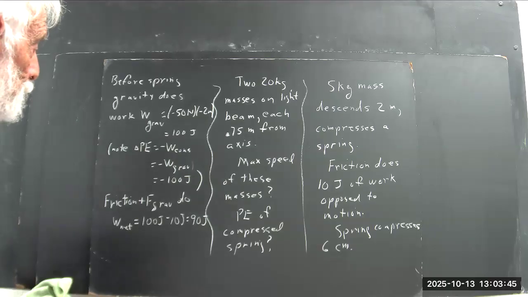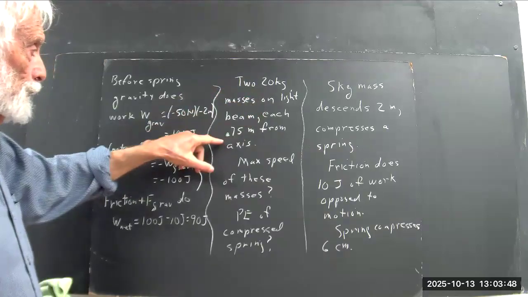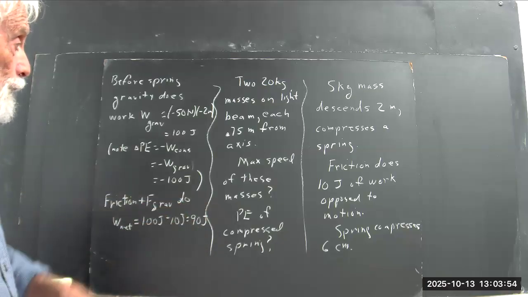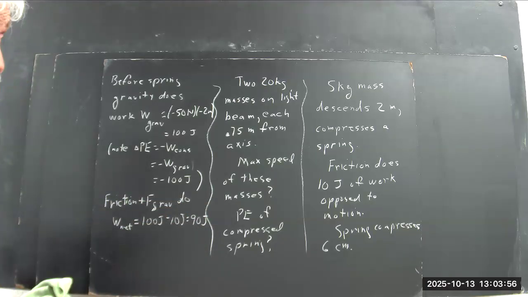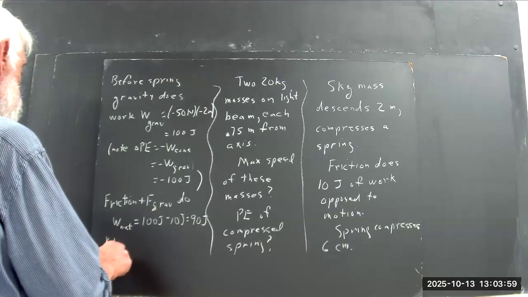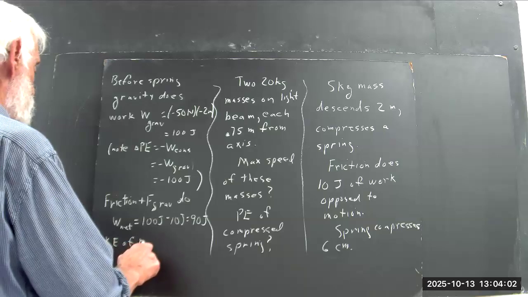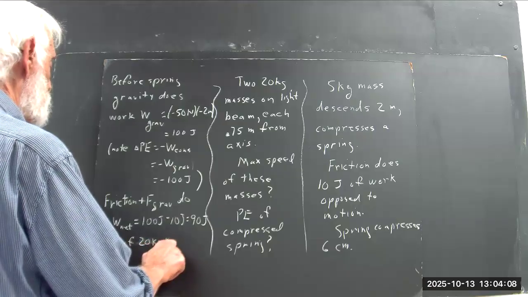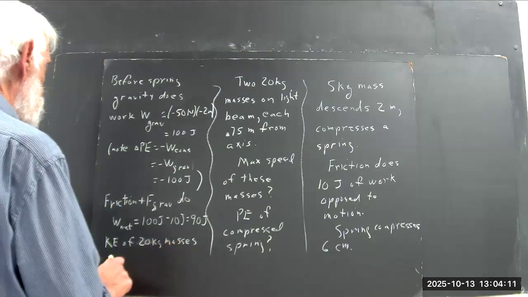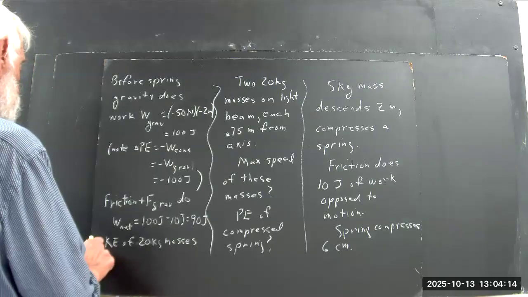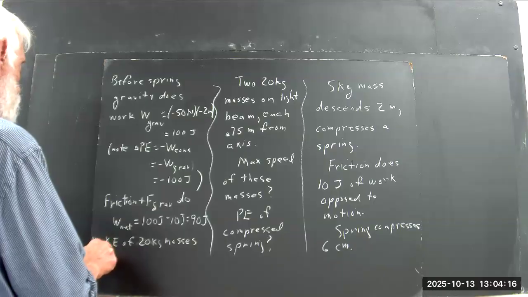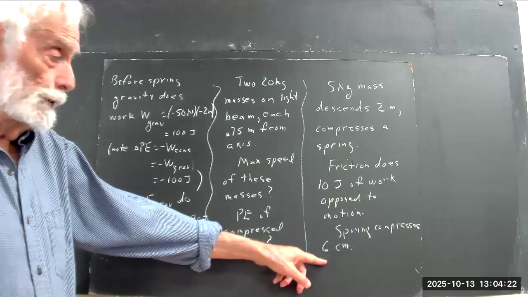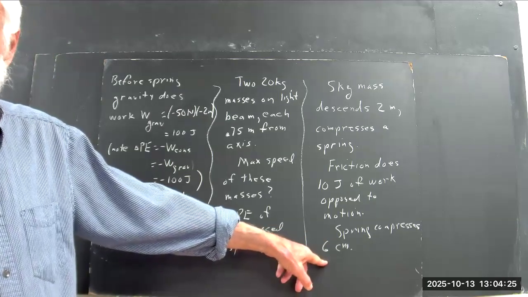Now, it gets a little trickier. These two 20-kilogram masses are at 0.75 meters from the axis. And we want the maximum speed of these masses. Well, by the way, I'll say the maximum kinetic energy of the two 20-kilogram masses happens at the instant the spring is encountered.